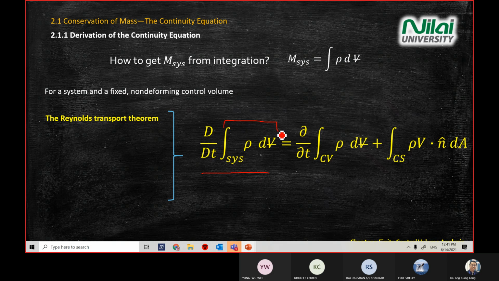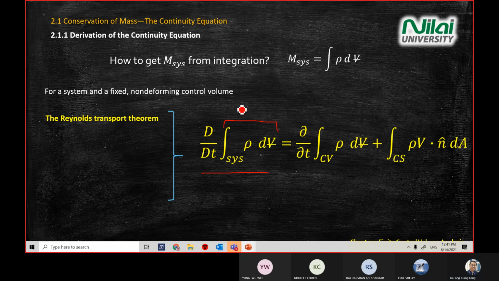Again, Ku, are you there? Yes, sir. Cool. This component, the integral over the system of rho dv, what do you get when you take rho times volume?